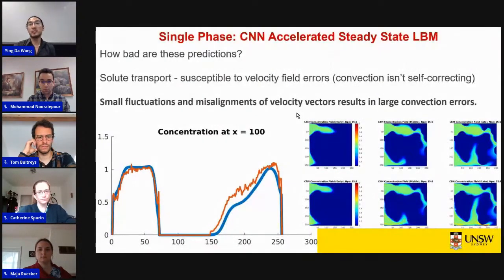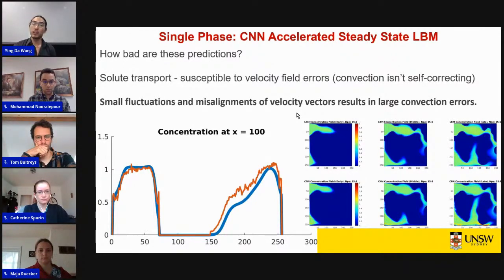If you use a convolutional neural network to predict steady state flow, there has been, well, I should not say a lot of research. There have been a few papers published by computer scientists here and there about solving Navier-Stokes equations in geometries that are relatively simple: circles, triangles, and so on.